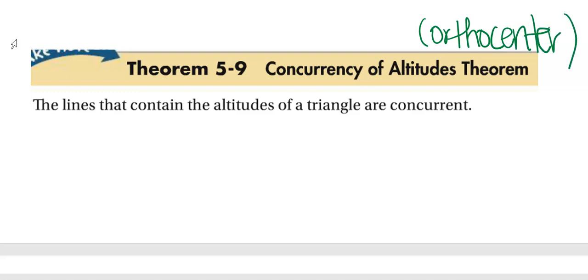Please write both of them just in case they use concurrency of altitudes or orthocenter. Either one works. The lines that contain the altitudes of a triangle are concurrent. So it doesn't tell you a super amount about it, but we're going to go back and go through step by step so we can tell what we need to do.